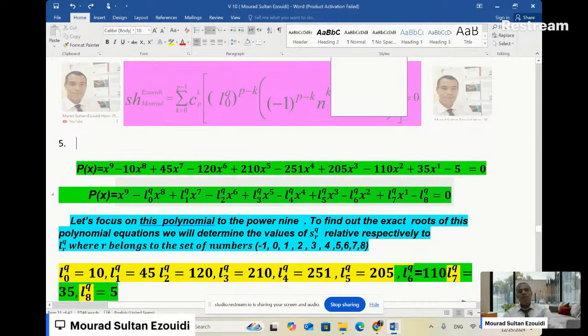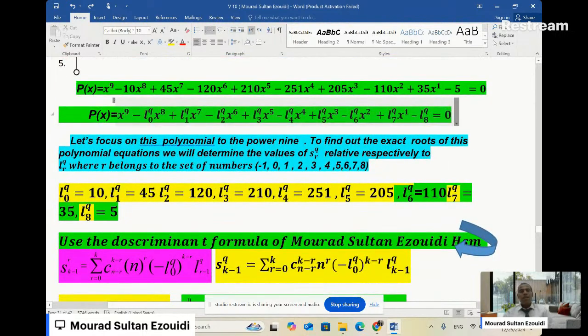Now, my kids, you can see this is a 9th degree polynomial equation. In order to find the exact roots of this 9th degree polynomial equation, there is no need to use the Newton method or the rational root theorem, because it's not applicable in this kind of example.